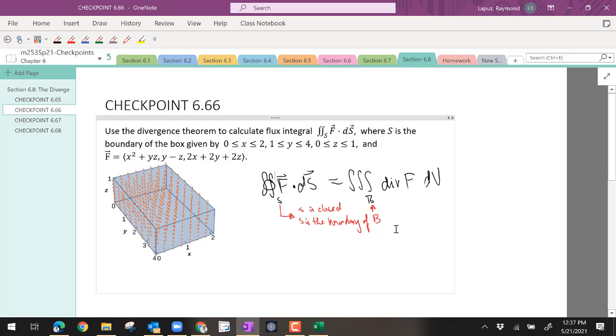All right, so it looks like we are asked to look for the left-hand side, and the theorem tells us that we should be computing the right-hand side.